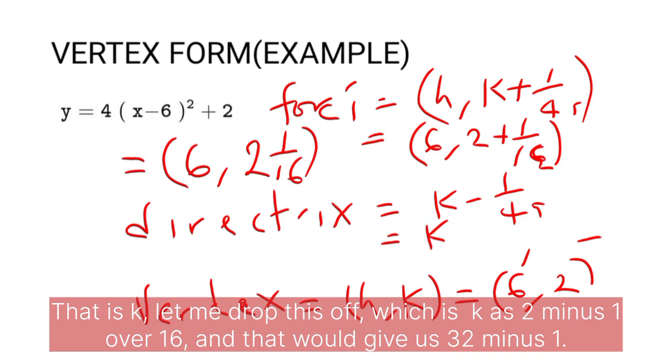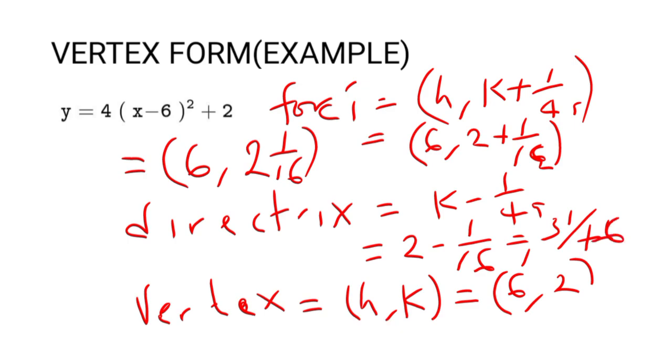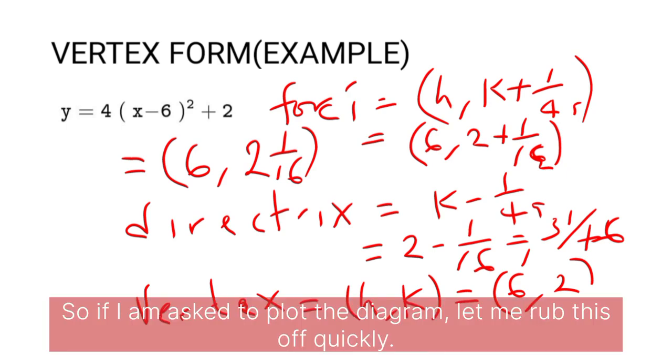That is k, which is 2, minus 1 over 16. And that would give us 32 minus 1, that is 31 over 16. Fine.